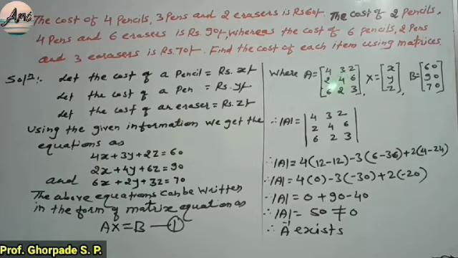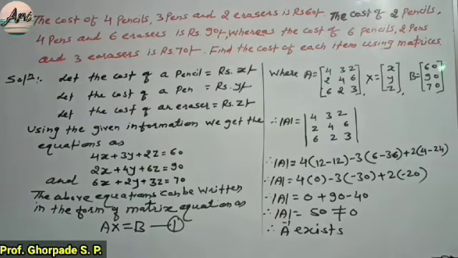The second row 2, 4, 6 of this matrix A is the coefficients of x, y, z of the second equation. The elements of the third row, that is 6, 2, 3, are the coefficients of x, y and z of the third equation. So this is the matrix A, and matrix X consists of the unknown terms x, y and z, and the matrix B consists of the constant terms which are present in the right hand side.